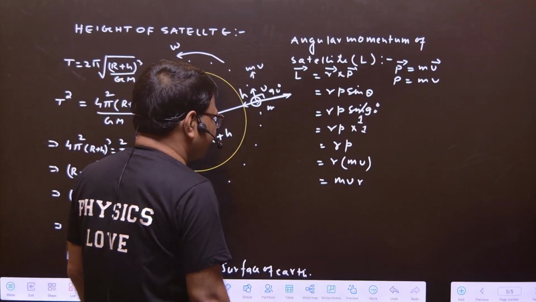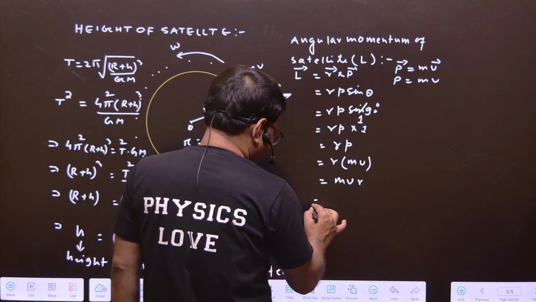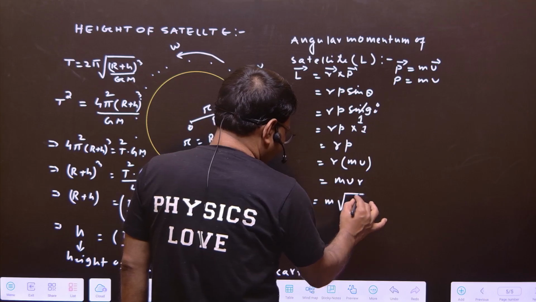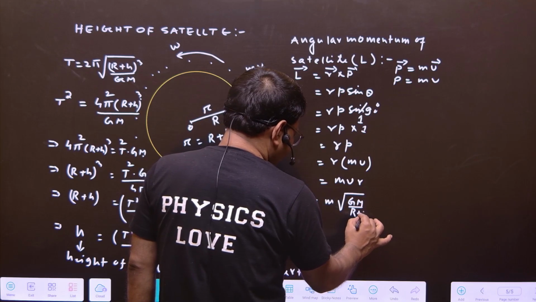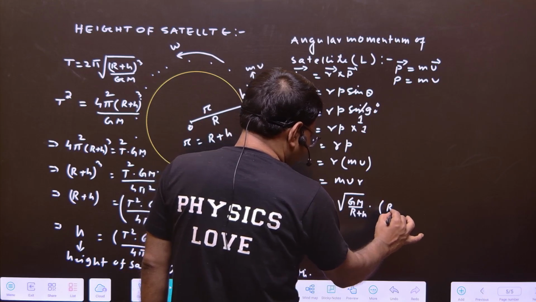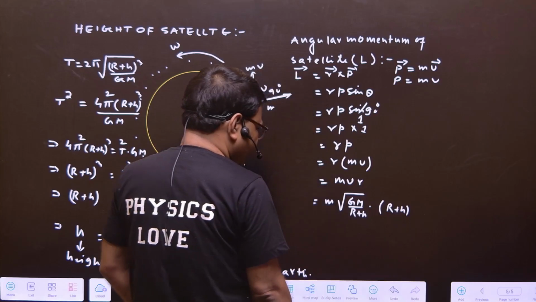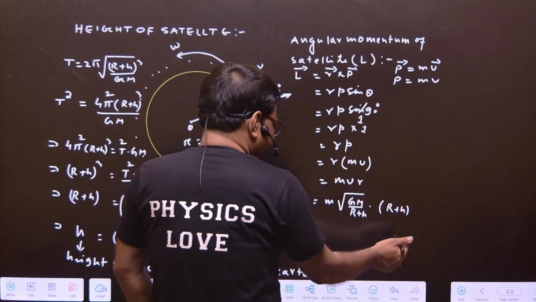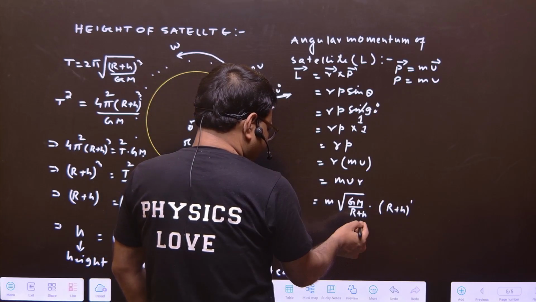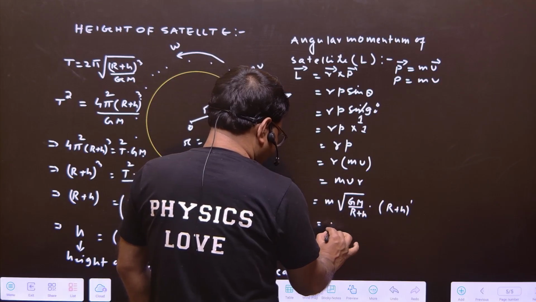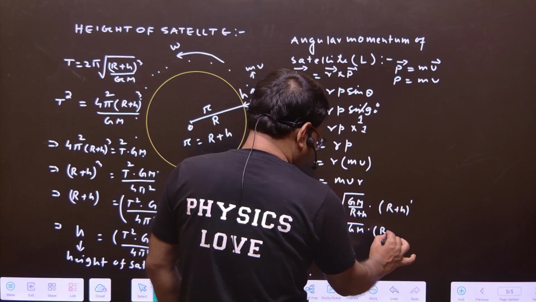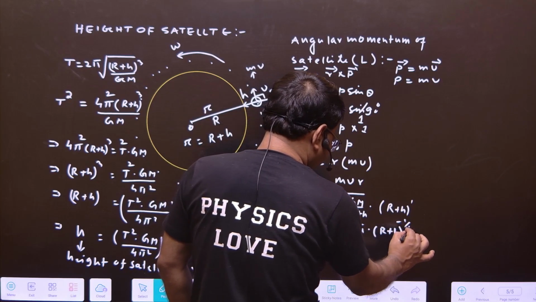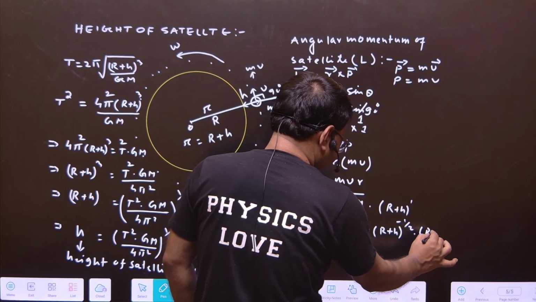The orbital speed of the satellite, what was it? m, root of GM by small r, meaning R plus h, into r, meaning R plus h. Then the power goes up as 1. So it is root of GM into (R plus h) power minus half into (R plus h).